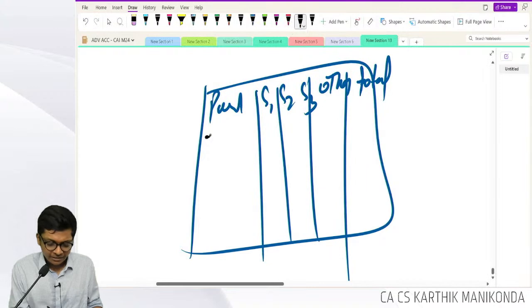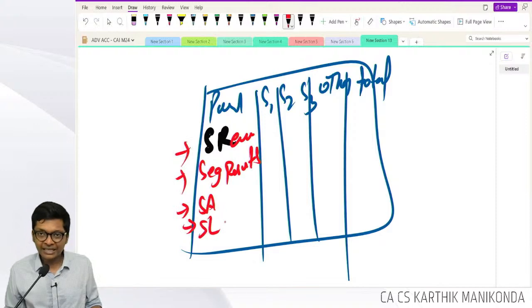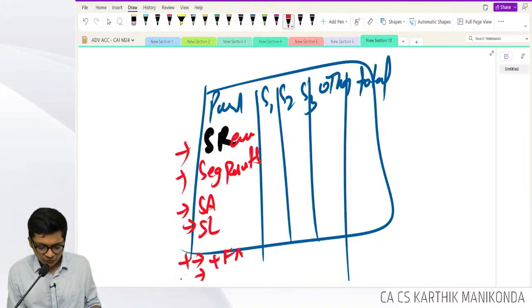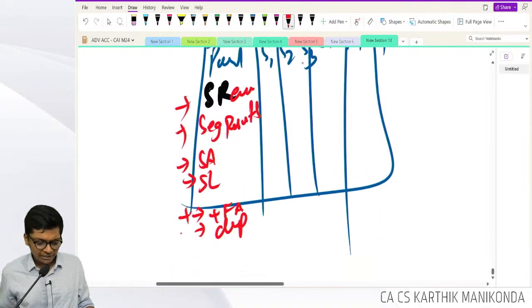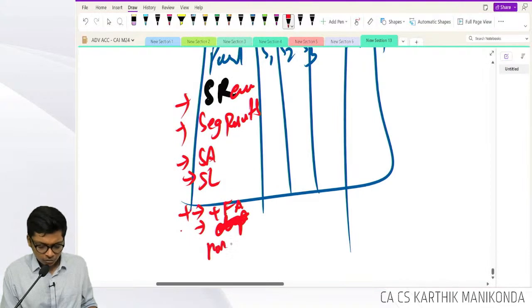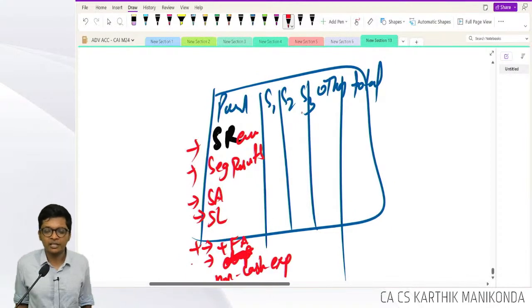Here I will write segment revenue, segment results, no expense, then segment assets, segment liabilities, and lastly under others I will write 2 things: addition to fixed assets, depreciation of each segment. Or in other words, we will write non-cash expense. That's it. This is the final format. They have never tested it, so I'm hardly spending a few minutes.